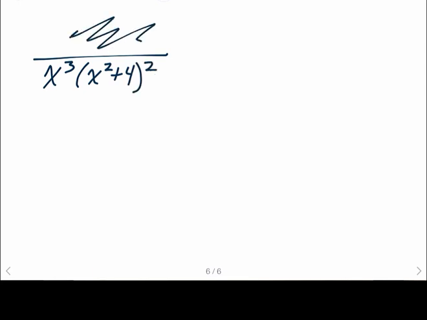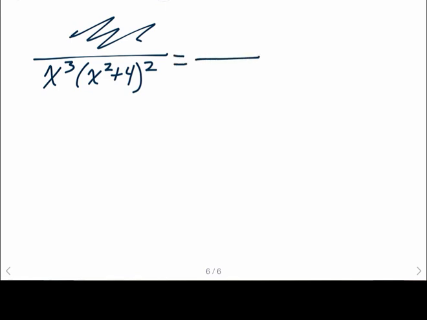I want to make one more note. Now, suppose we had some fraction and the denominator turned out to be like x cubed times x squared plus 4, the quantity squared. Now, I don't care what the numerator is. It's just how we would write down the fractions.